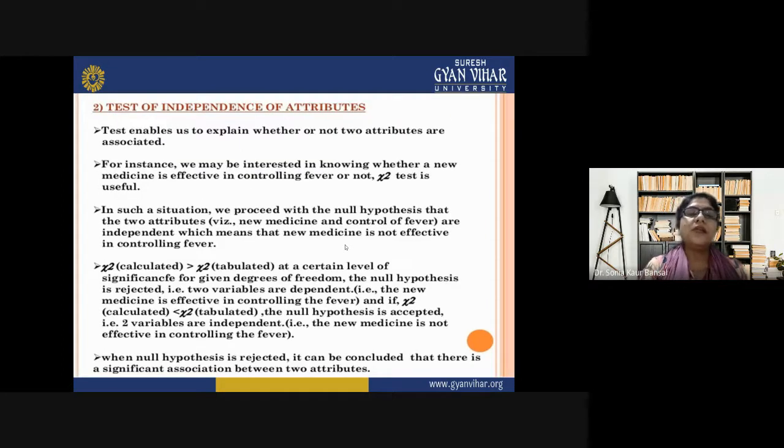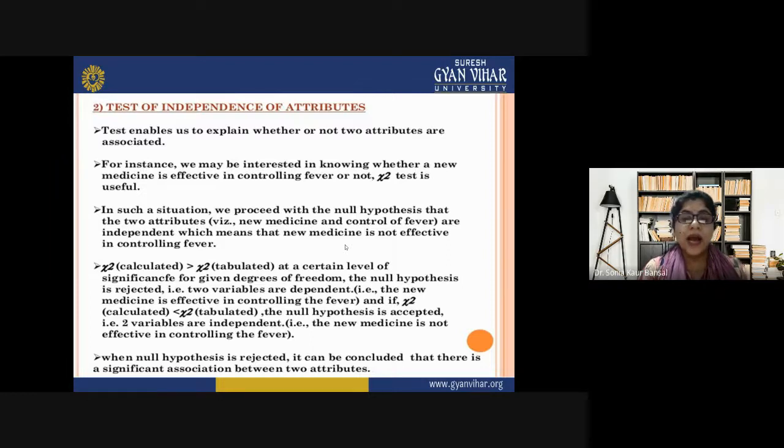Now let's understand the second type of application of the chi-square test, that is the test of independence of attributes. In this, students, the test enables us to explain whether or not two attributes are associated. For instance, we may be interested in knowing whether a new medicine is effective in controlling fever or not.